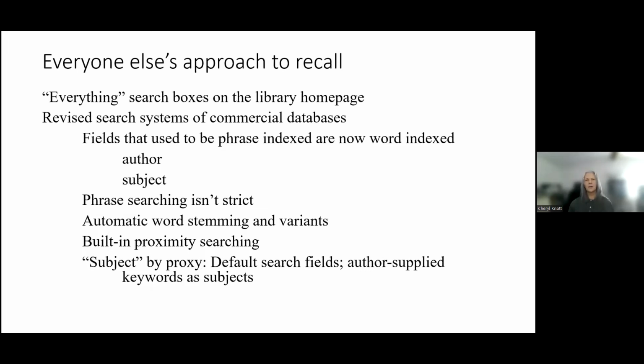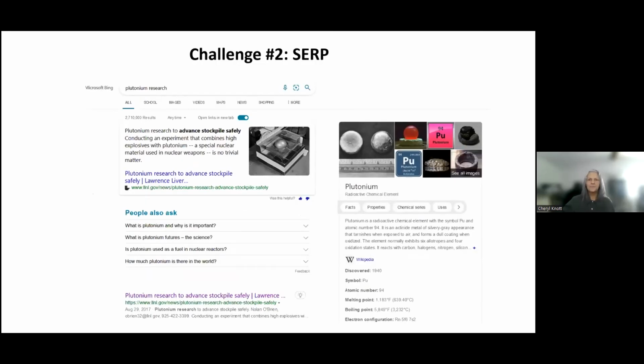So author supplied keywords, which are not a controlled vocabulary, they're just add-ons that the authors of an article thought would be helpful, turn up obviously when a keyword search is done, but when author supplied keywords are included as subjects, you're getting both controlled vocabulary terms and these sort of uncontrolled author supplied terms. So all of these work toward casting a wide net, pulling in more and more results.